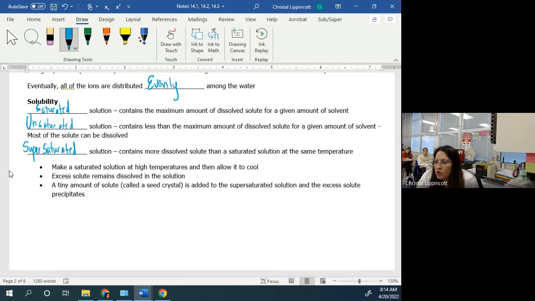So what you can do is heat this up to a high temperature and then let it cool, but it's very unstable. Just adding a small crystal of that in, or sometimes just tapping the side of the container, will cause it to seize up and look like what it does right now, because it's so unstable. So that's what a supersaturated solution is.